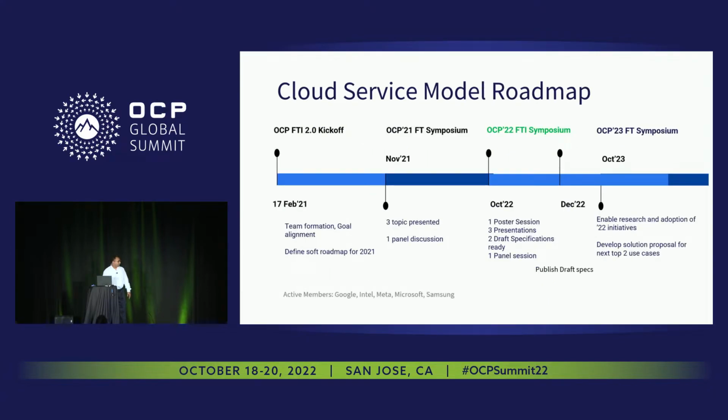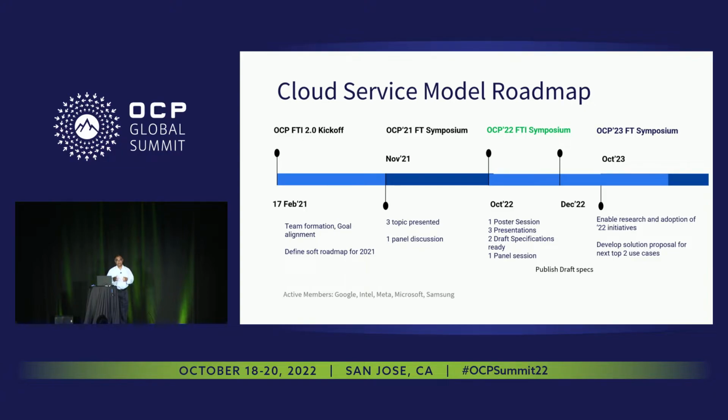So if you look at the timeline, we started last year, we formed the team and did the initial work and identified some of the topics that we want to work on. We presented 3 different topics last year as very high level concepts.